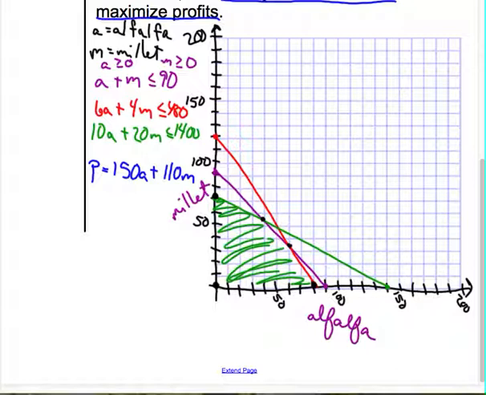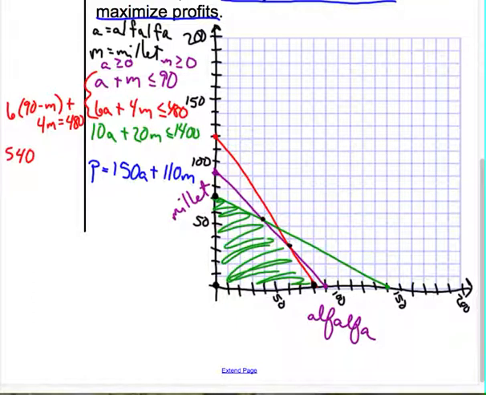I need to know where my red and my purple line intersect. So I'm going to go ahead and substitute 90 minus m for A. And remember, we're solving where they are equal, so we don't have to worry about that inequality when we're solving our system. So I'm solving this by substitution.